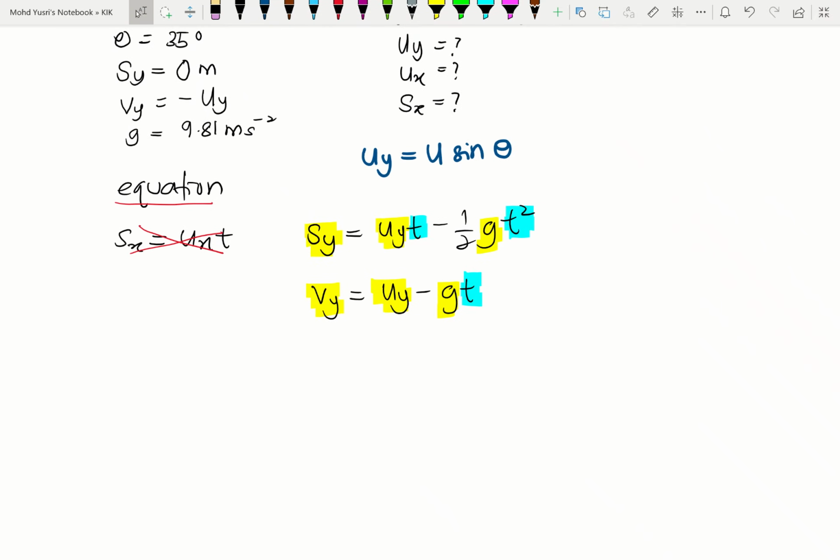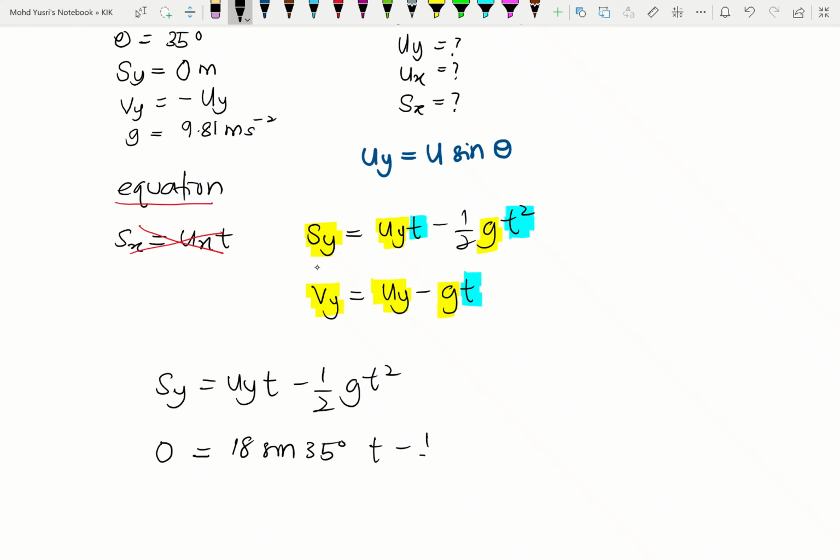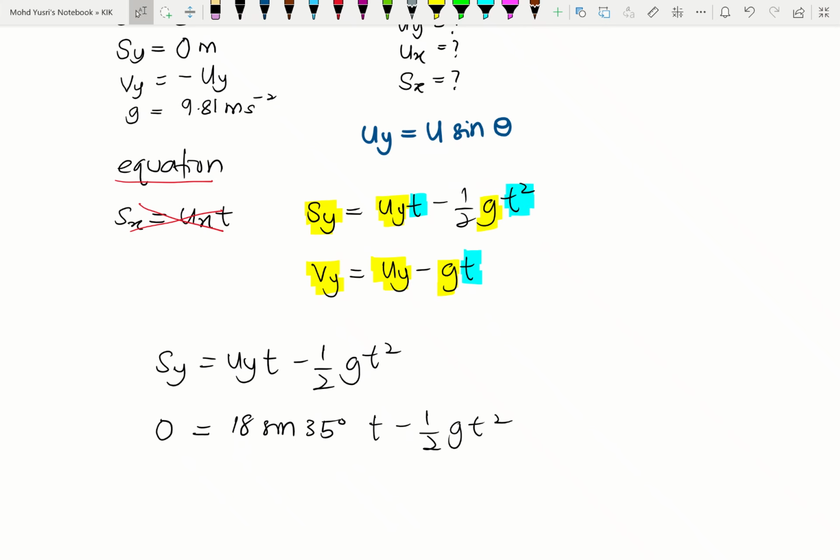From equation 1, sy equals uy t minus half g t squared, we can substitute the value for sy. 0 equals 18 sine 35 times t minus half g t squared, and g is 9.81 meters per second squared.